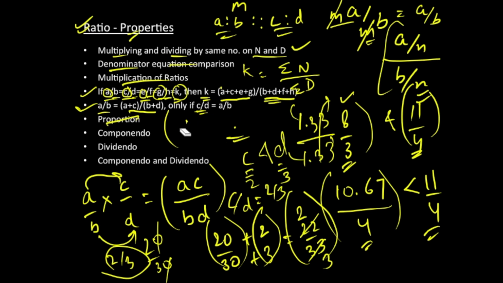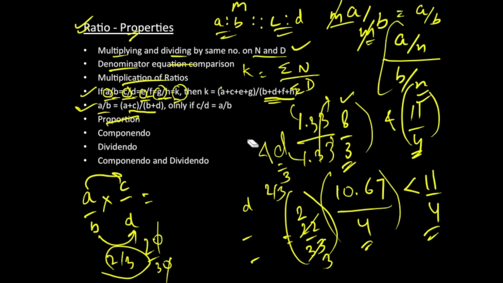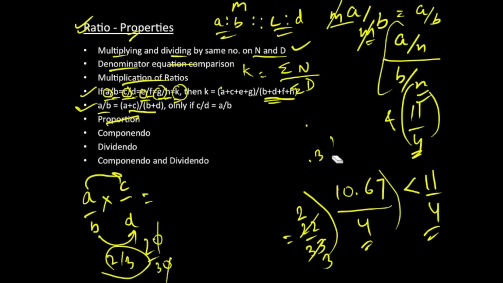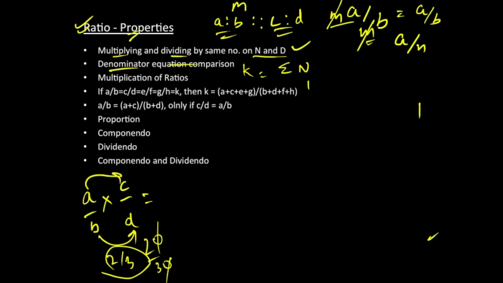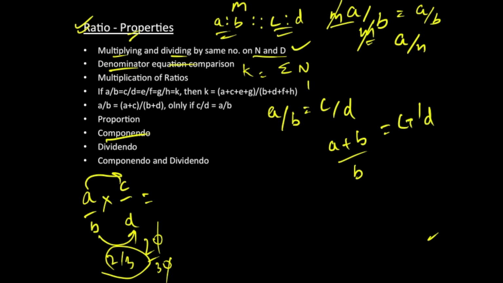Okay, let's have a look at other properties. So it says componendo, dividendo, and the third one is componendo and dividendo. So what are these componendo and dividendo? If we are given that A upon B is equal to C upon D, then componendo would be A plus B upon B is equal to C plus D upon D. So the change made in the left hand side expression is that you add the denominator to the numerator.